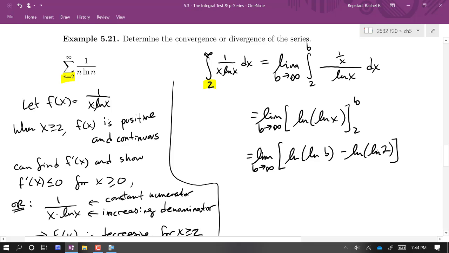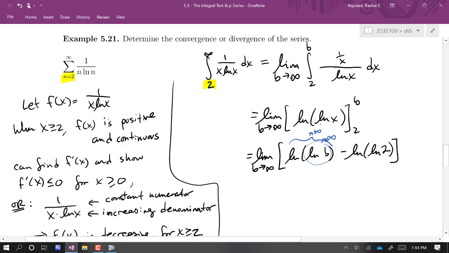Now ln of ln 2, that's a constant. And as b approaches infinity, we've already observed that ln of b is going to approach infinity. And since ln of b is approaching infinity, then ln of ln b also approaches infinity.